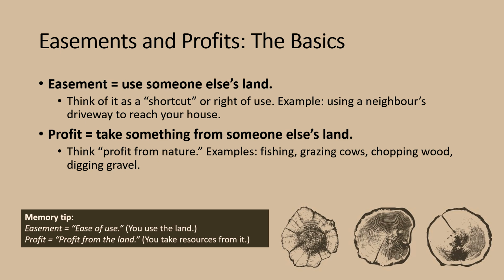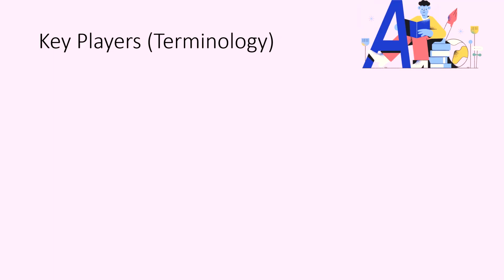Easements are just using the land, doing some kind of activity or whatever. Whereas with a profit, you're actually taking certain natural resources from the land. Okay, now easements, that's where land law now starts getting a bit more tricky.